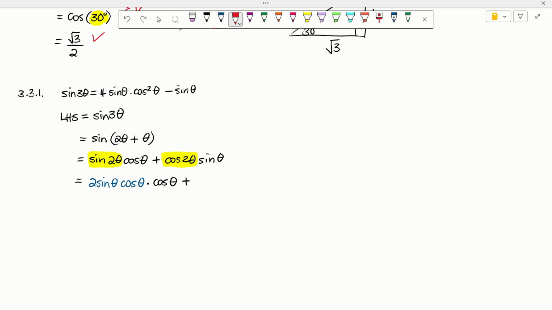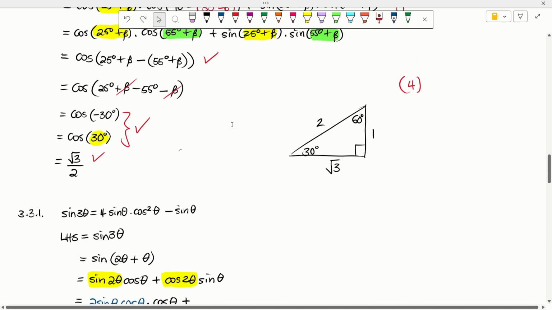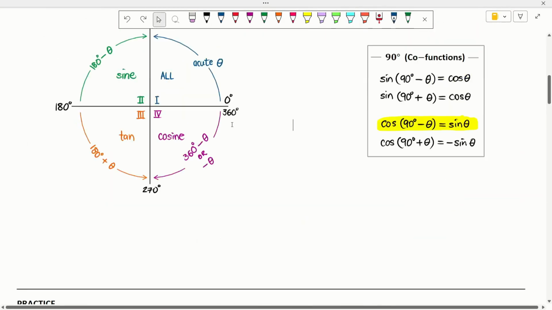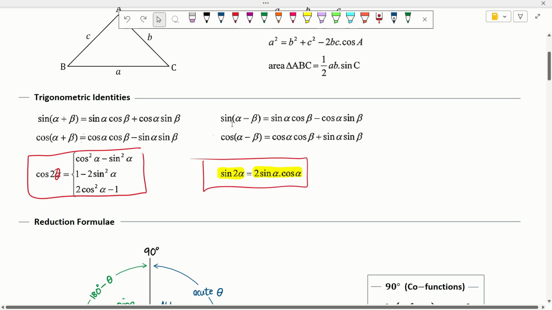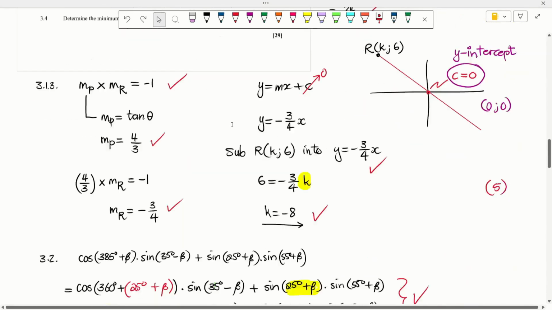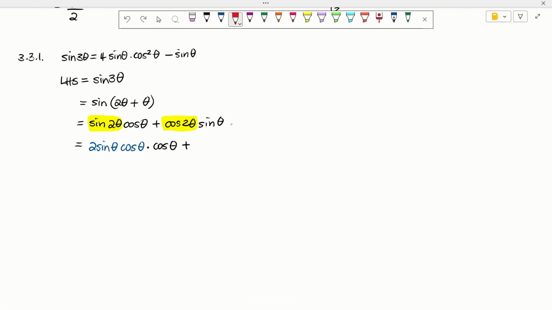1 minus 2 sine squared theta. Okay, 1 minus 2 sine squared theta. Let me go to the identities. Okay, then going back to this, how will that one help me? So I'm going to check. Let me just put it in first. 1 minus 2 sine squared theta, multiply this by sine theta.